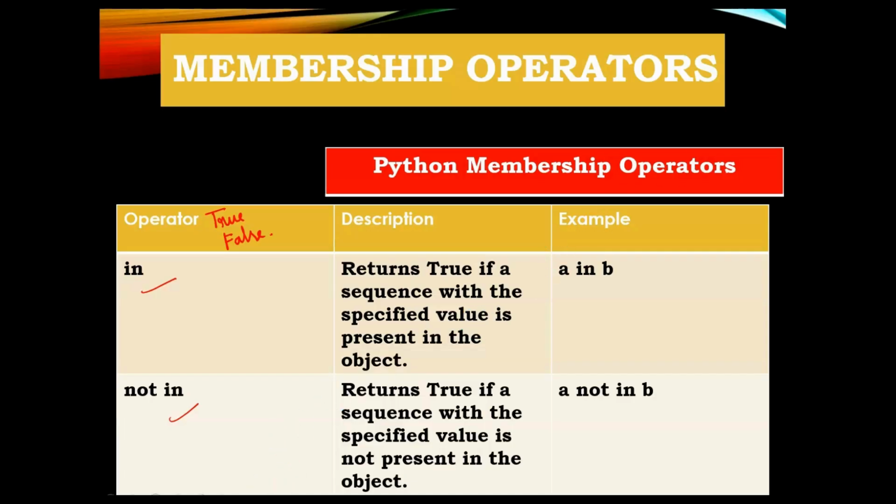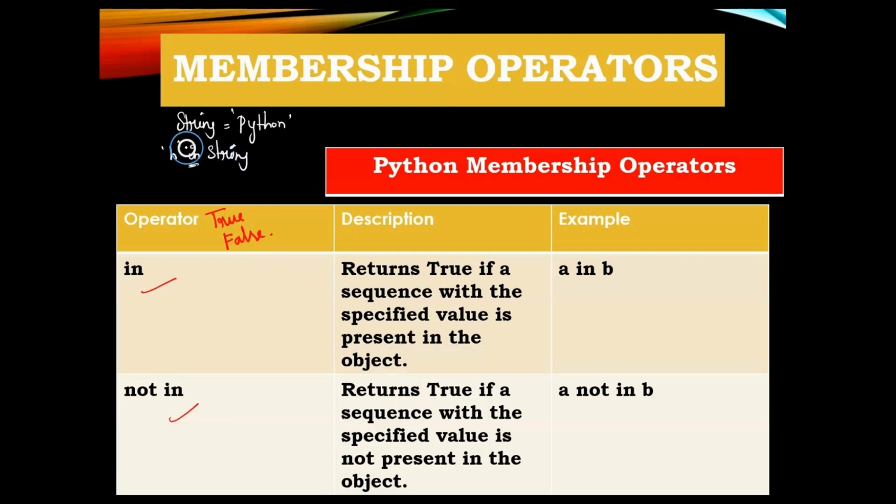Let us take one example for these membership operators. Let us take a variable called string, which is equal to Python. Let us check h in string. We are checking whether the small letter h is present in the string by using the in operator.